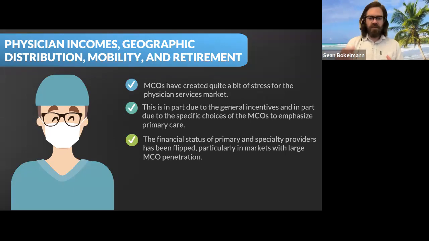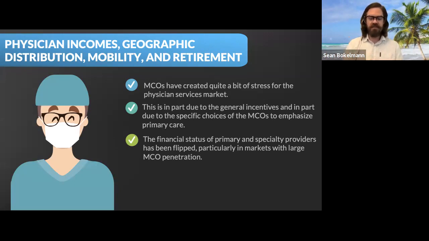And so one thing that this has done is flipped the financial status of primary providers versus specialty providers. It used to be the case that specialists undoubtedly made more money. But under this landscape of MCOs, where they're requiring primary care physicians before people can see a specialist, now it's the case that primary care physicians might actually be more lucrative, right?